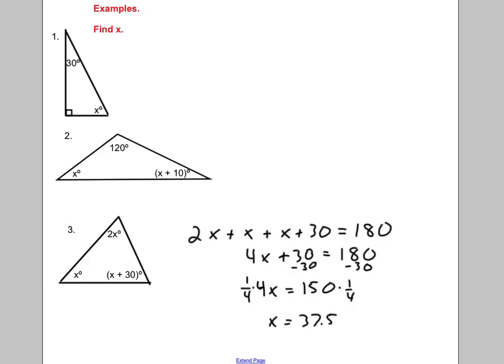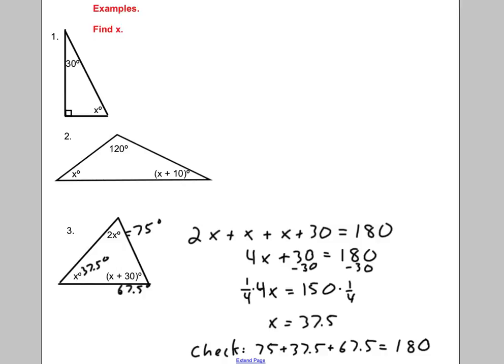X is 37.5 degrees. So, not a whole number. But still, we should check, because if x is 37.5, then x plus 30 would be 67.5, and 2x is 75. We add those three up. They do add up to 180. Check. Good luck as you work with angles and triangles.